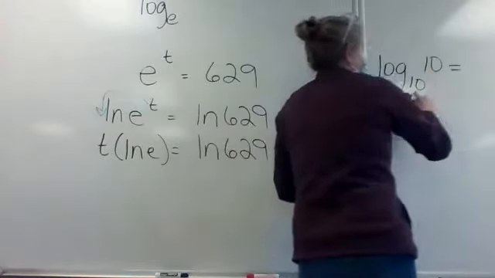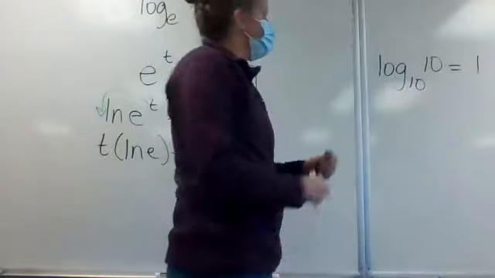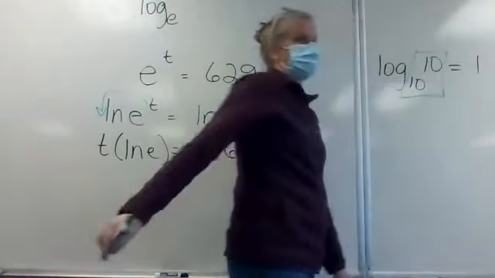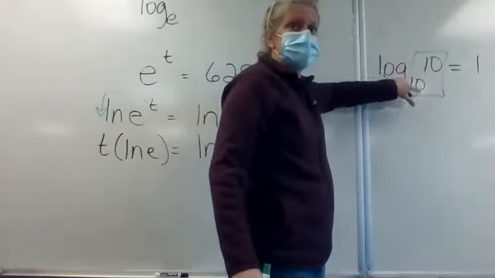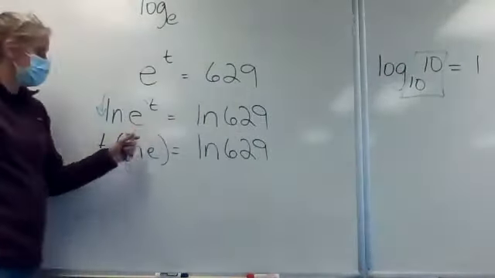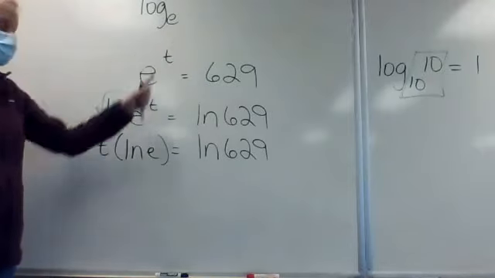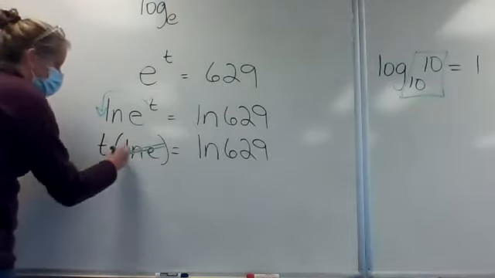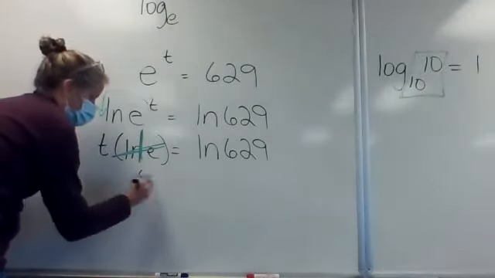So what would I have to raise 10 to in order for it to be 10? 1. Remember when we worked those problems, those long problems, where you changed that part to 1 if these two things were the same? So that's what's happening here. Because what is ln? Log base e. So if I have log base e of e, then this right here, that's really just 1. So I have t times 1, which is just t.